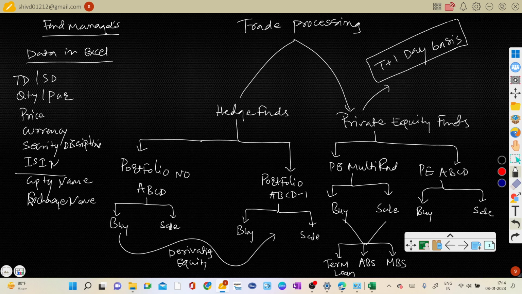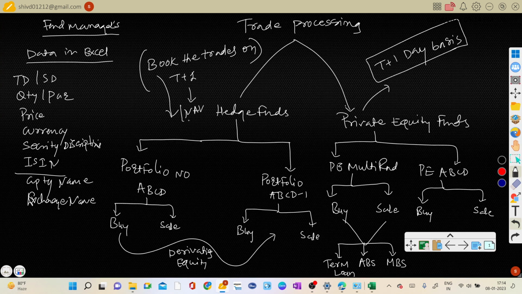And same pattern we follow. If something traded on Friday, then we book those trades. We receive data overnight or Monday morning. So once you receive it, you can book the trades on T plus one and send the confirmation to the NAV table.